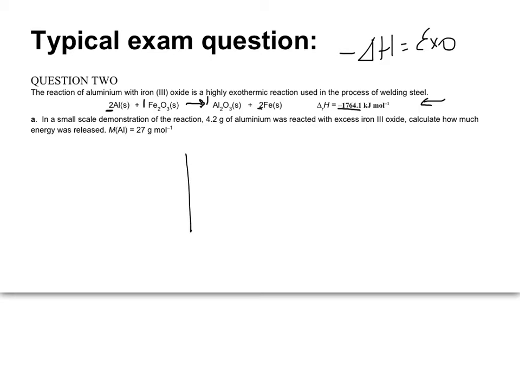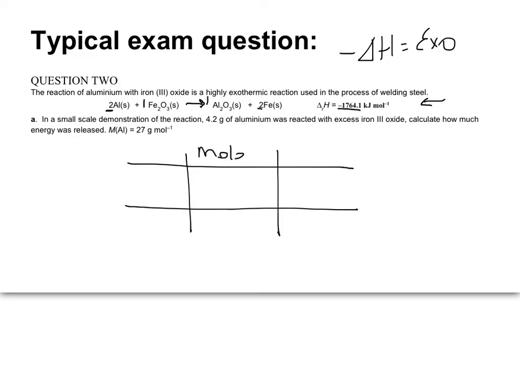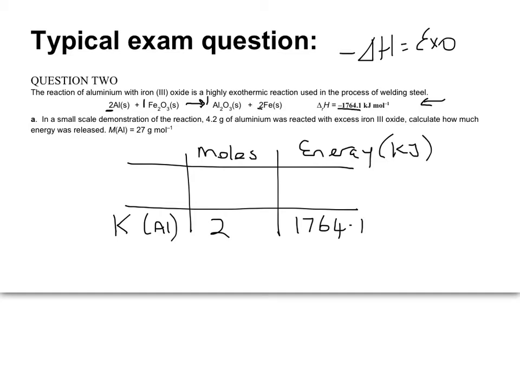So we're going to just draw up a wee table here, and we want to know moles. How many moles creates how much energy? And we know that as far as aluminium is concerned, from the equation, 2 moles creates 1764.1 kilojoules of energy. Okay, so we've got that far.